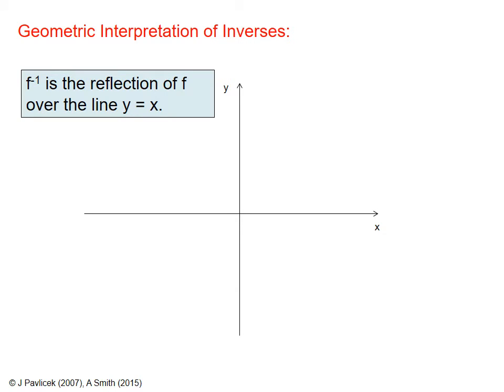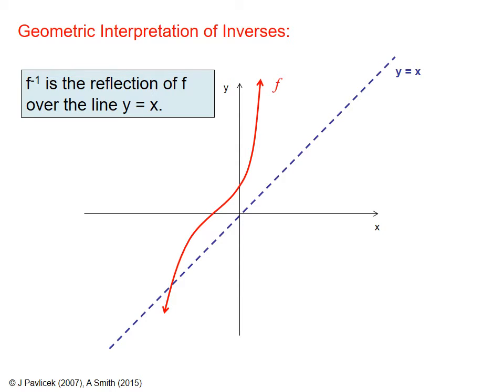Okay, so geometrically, because you're just switching your x and y's, it ends up that your inverse function is a reflection of your original function, which is actually kind of cool. So if we have some function like this, there's a function f, and then I've drawn in here the line y equals x, okay?